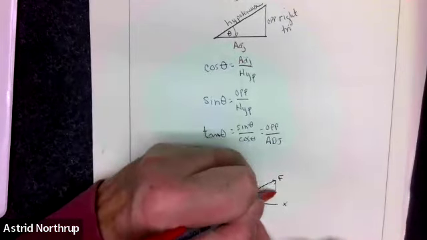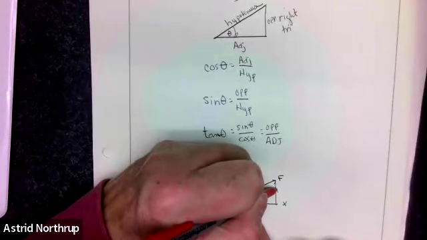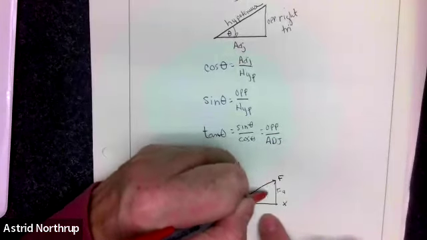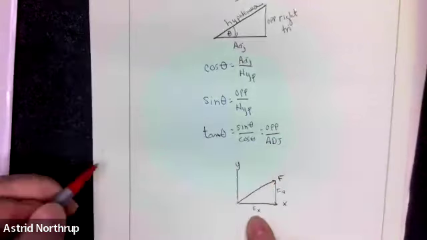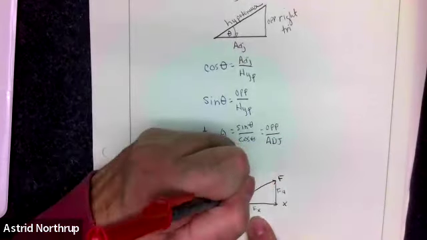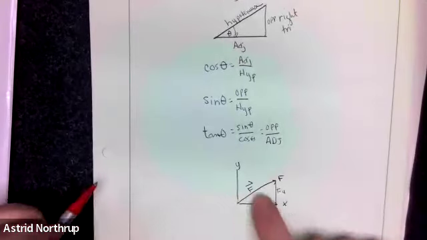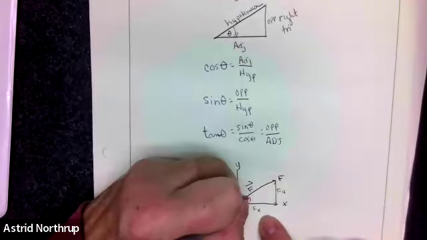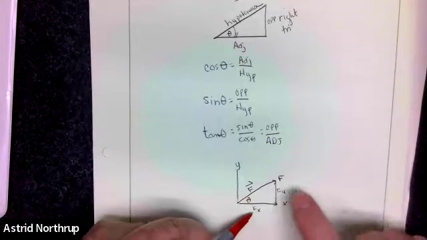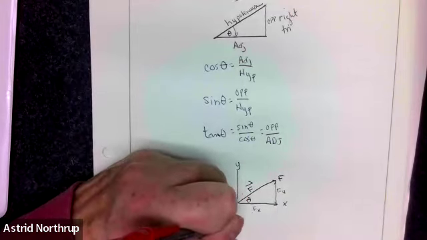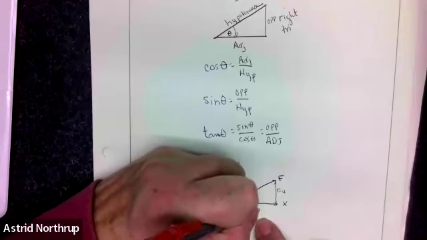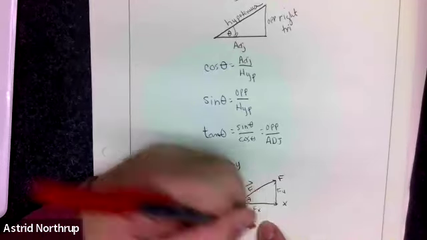This is the force in the y direction, this length. This is the force in the x direction. And this is the total force. So that relates to, if this is the angle you're looking at, adjacent, opposite, hypotenuse. So the cosine of theta is equal to F_x over the whole F.